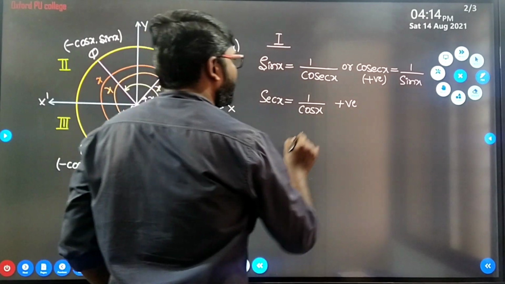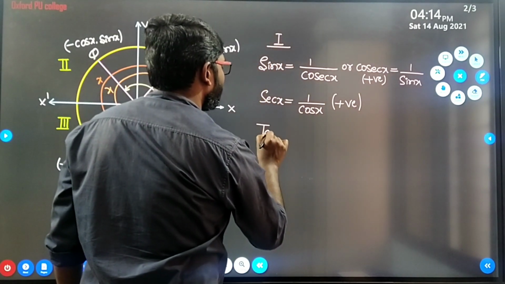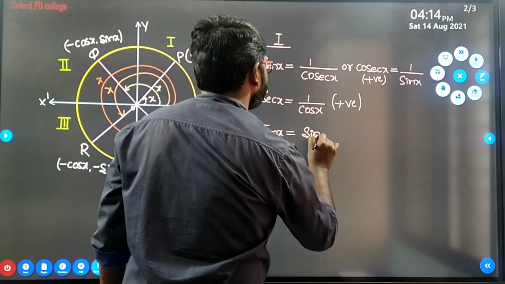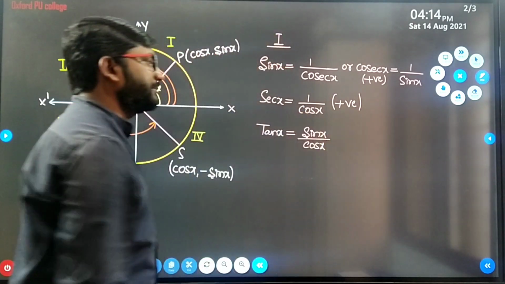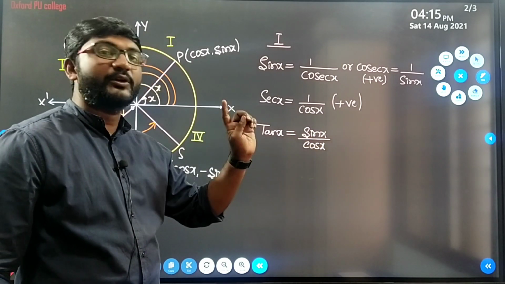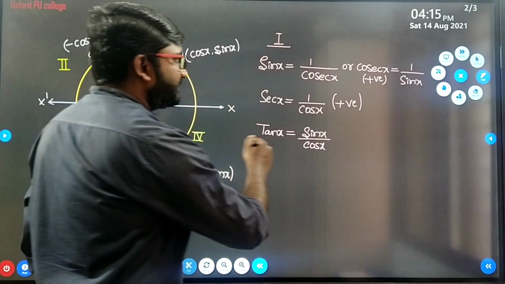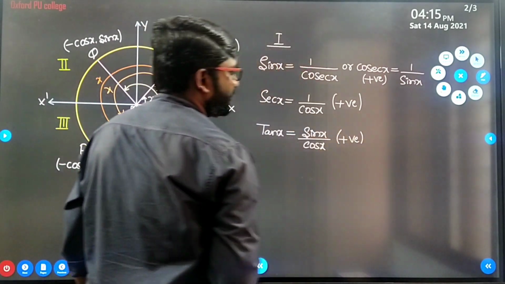Then I'll take tan x, which is equal to sin x by cos x. Here sin x is positive and cos x is positive. So the ratio is going to be positive now. That means tan x is also positive.